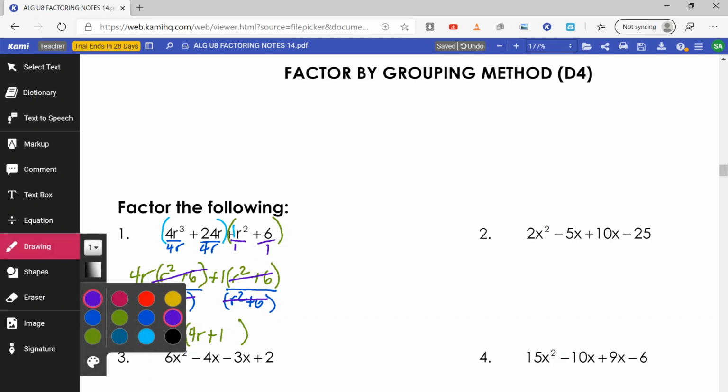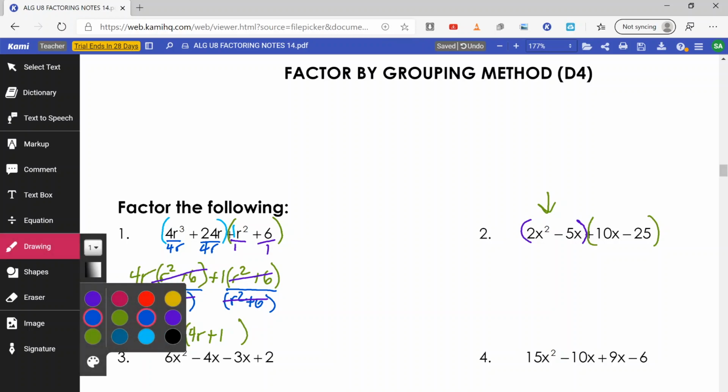So again, with grouping, we will put the first two in parentheses and then the second two in a set of parentheses. And we want to pull off the common factor of the items that we just grouped. So I'm going to focus on this first group here, 2x squared minus 5x.